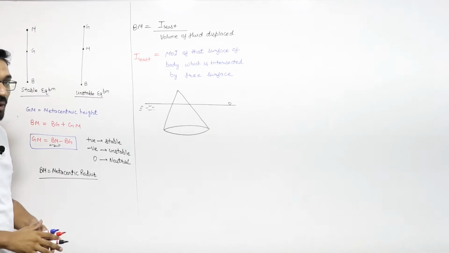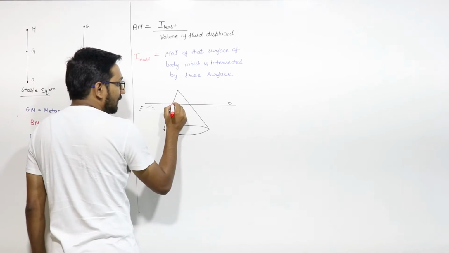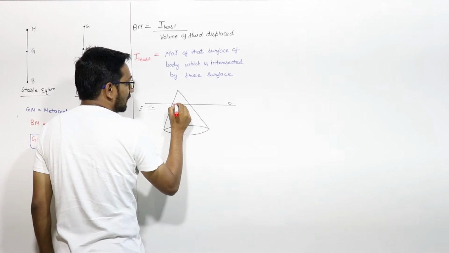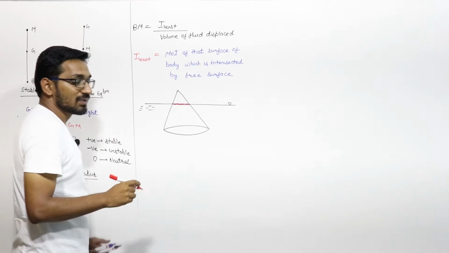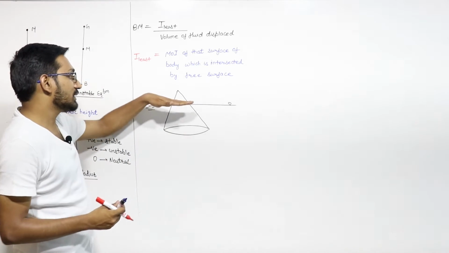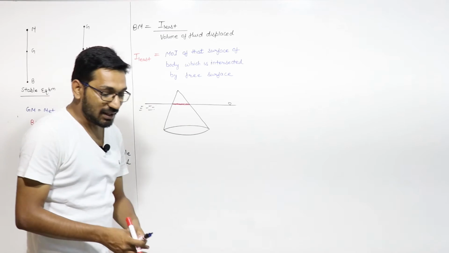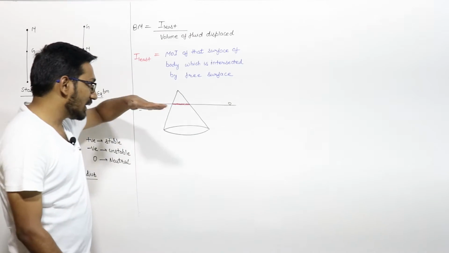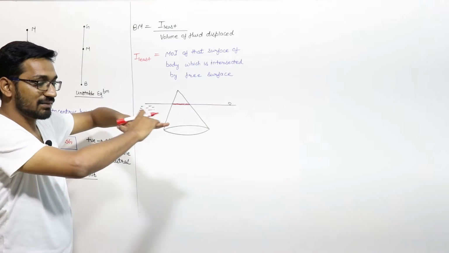The surface of this conical body is intersected by this free surface. So we have to take the moment of inertia of this surface, and if you cut it like this, you have a surface.